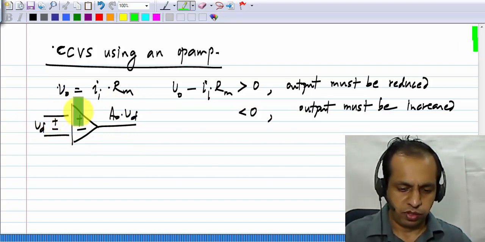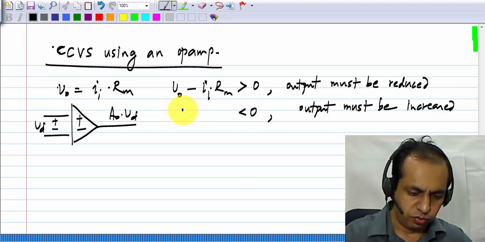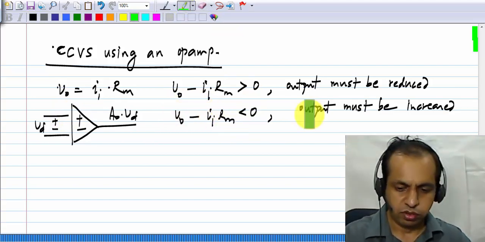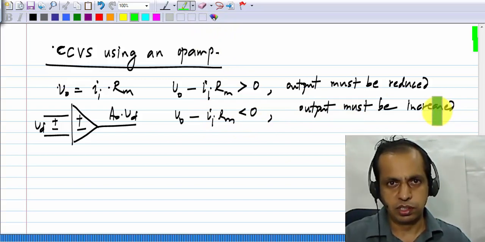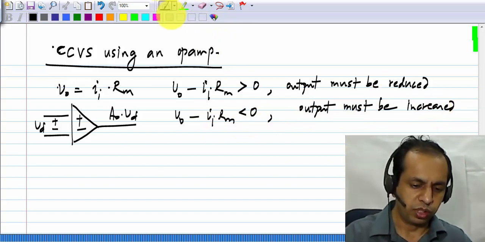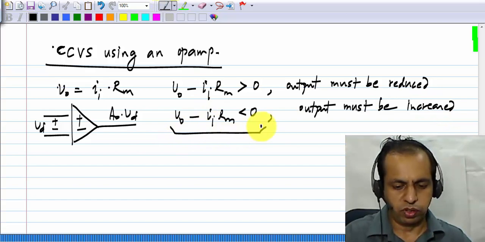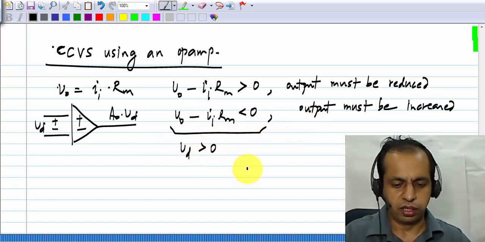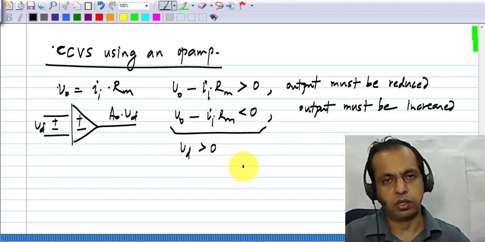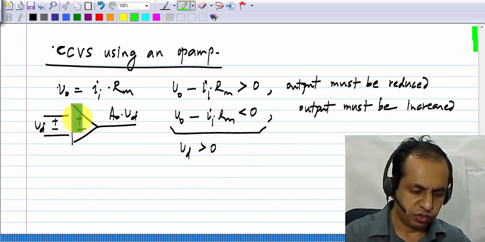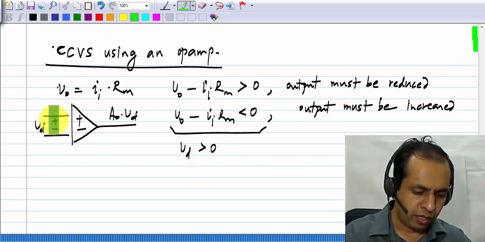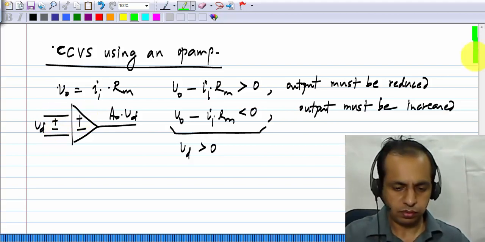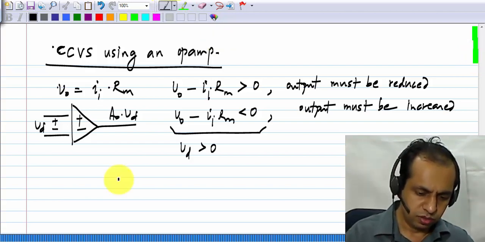Now here you see that if the error voltage V0 minus Ii Rm is less than 0, the output must be increased. So putting the two together, when V0 minus Ii Rm is less than 0, Vd must actually be greater than 0. Vd is the input difference voltage of the op-amp with the signs defined like this.